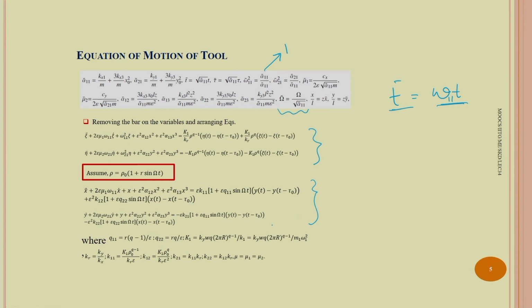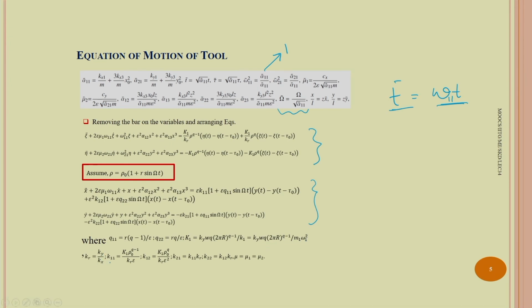Here we have taken q 1 1 equal to r q minus 1 by epsilon, q 2 2 equal to r q by epsilon, k1 equal to ky w q 2 pi r to the power q minus 1 divided by m1 omega 1 square.